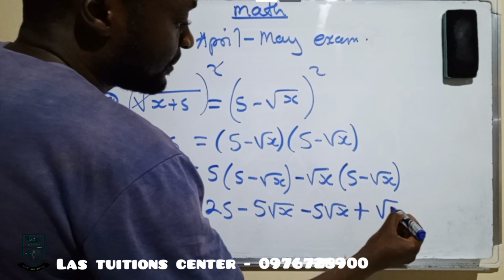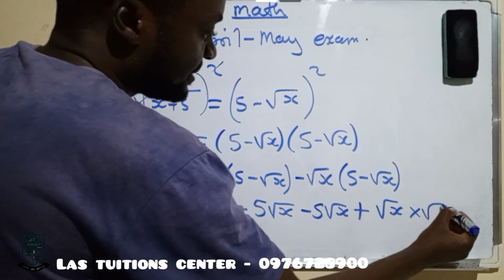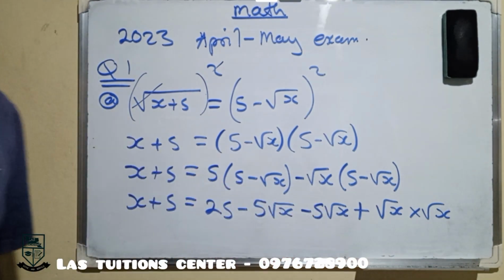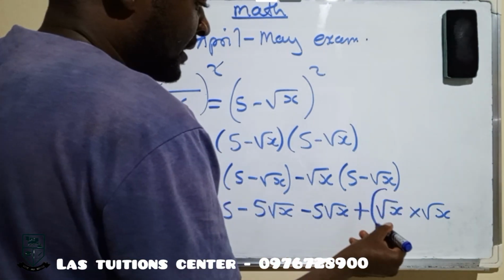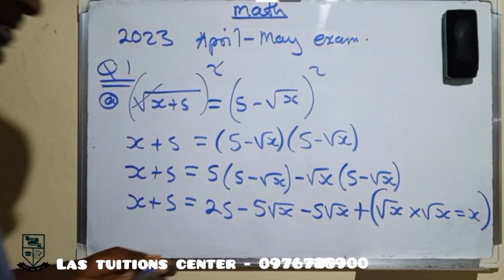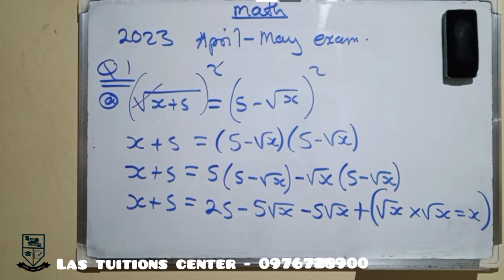We know root x times root x is going to give us x. So from here we have x plus 5 is equal to 25.